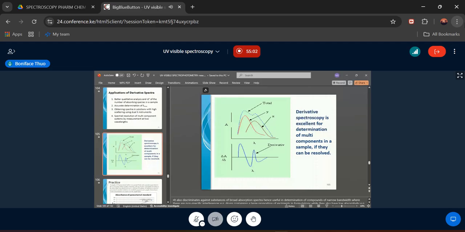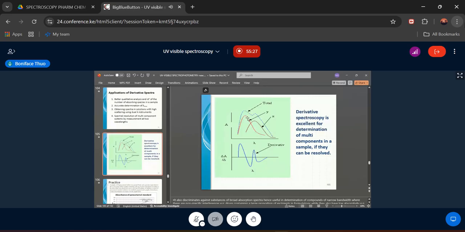So we have an example here where we have a mixture of two with lambda max which are very close. If you were to plot the total absorbance, you would get two peaks like that. But then you can see it's a summation of the actual absorbances.